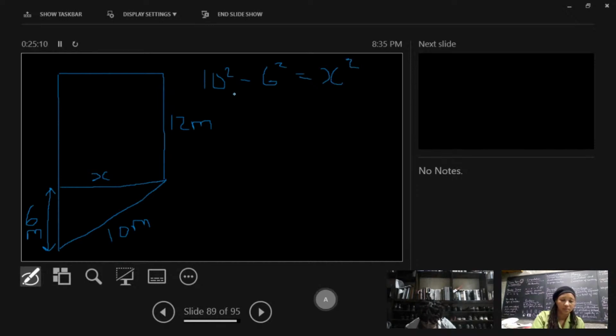And 10 squared is 100, and 6 squared is 36. So it's 100 minus 36, which is equal to 64.